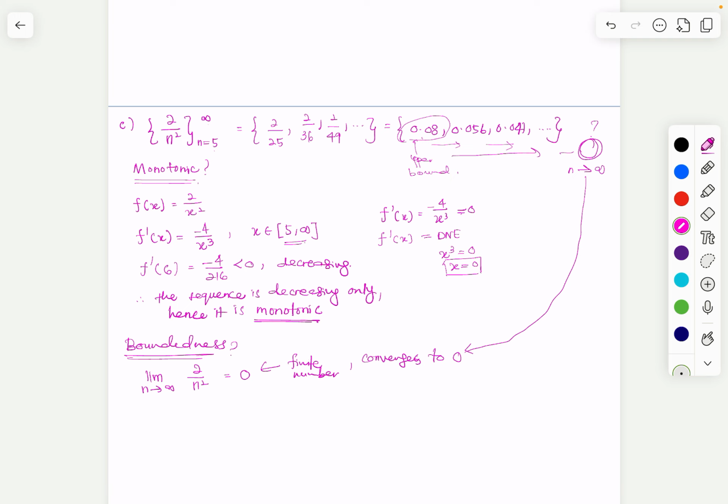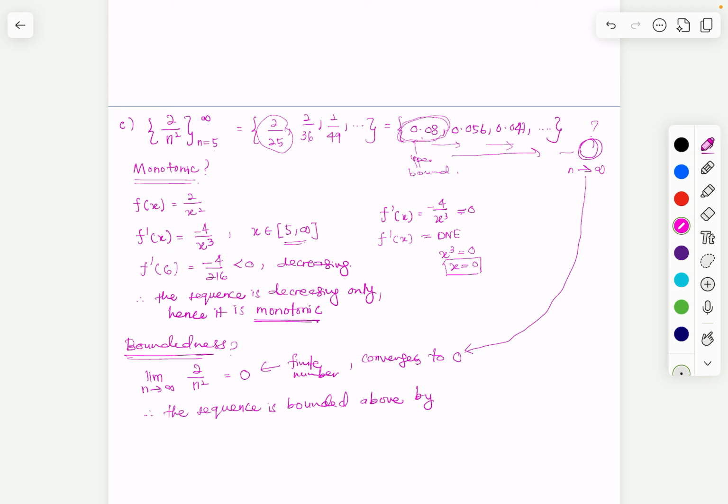Okay, so we can conclude the sequence is bounded above by 0.08, or I write it as 2 over 25, which is more exact than the decimal.